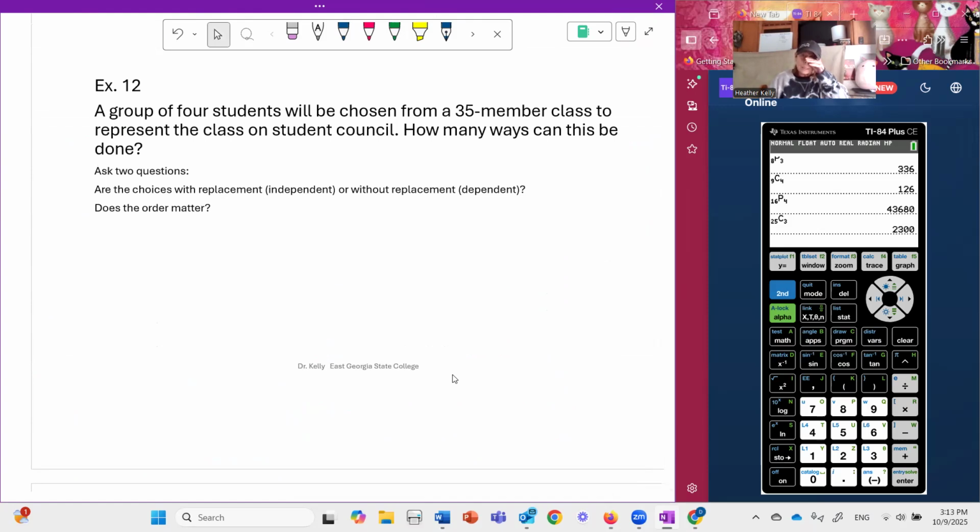Now, this does not imply any ranking of those 4 students that are going to be chosen. They're just going to be representatives. It doesn't say four students to represent the class as president or anything that would let you have an idea that it is ranked here. So order does not matter in this situation.